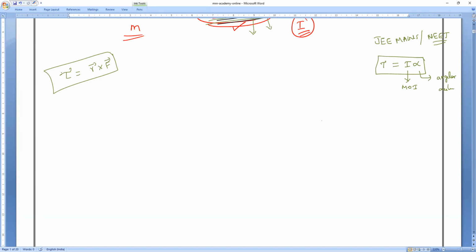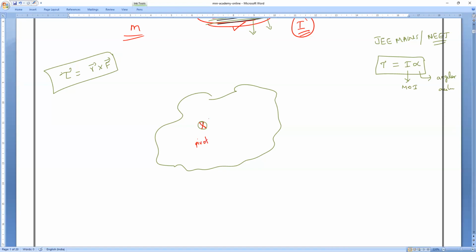Now let us derive that. Let us choose a random body revolving around a pivoted point. A pivoted point is shown as a cross, not a dot, which means the axis of rotation is acting into the page.